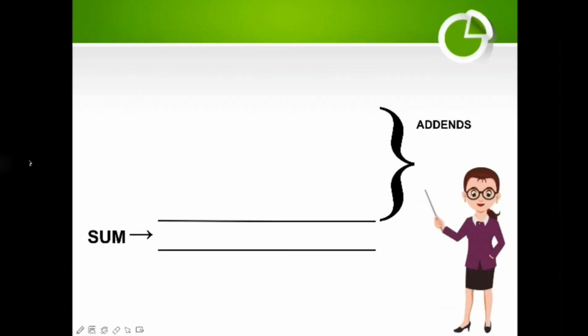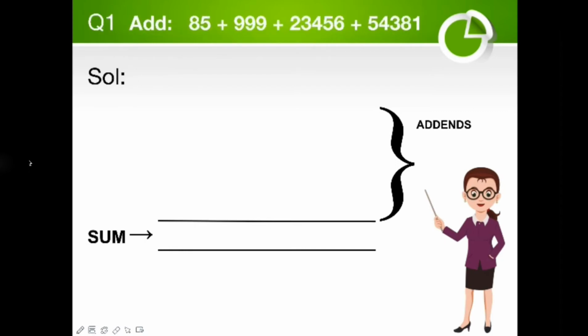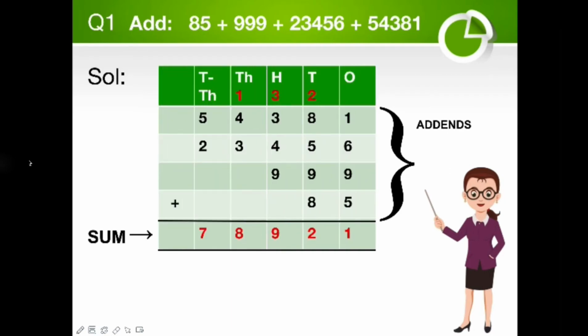For example, the question is we have to add 85, 999, 23,456 and 54,381. Students, to add these numbers, we have to arrange these numerals in column method.